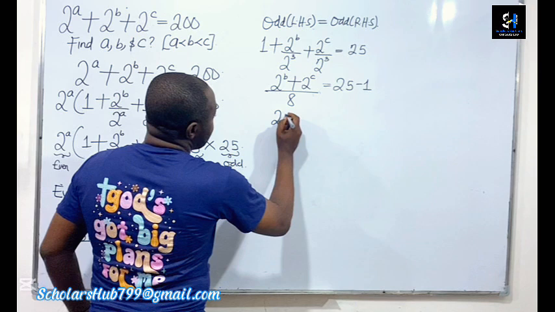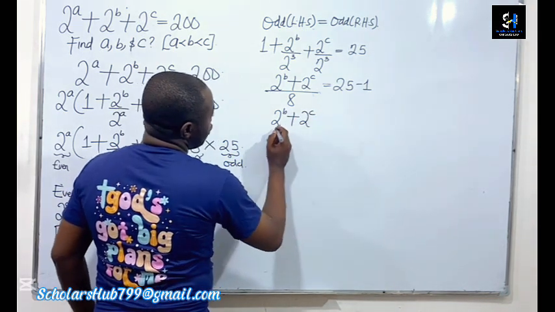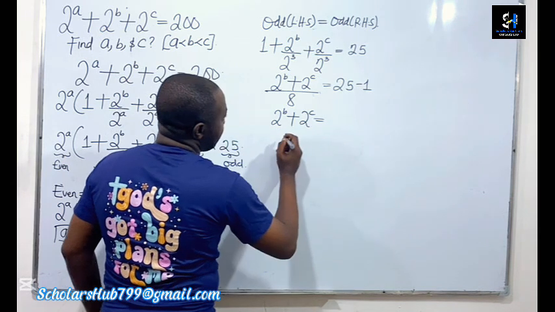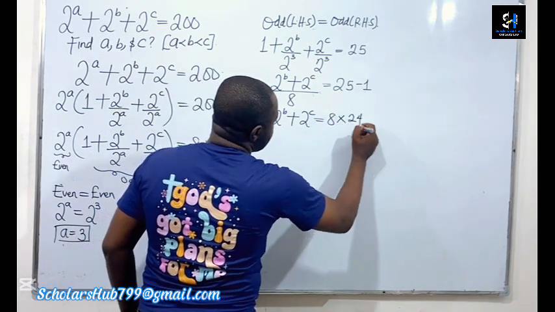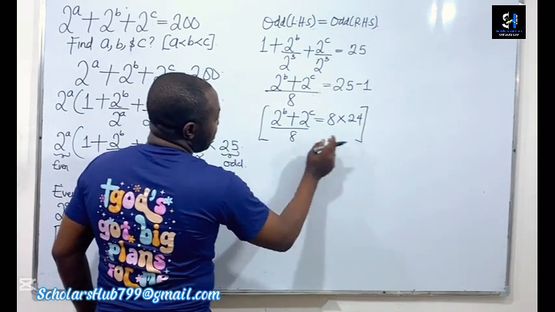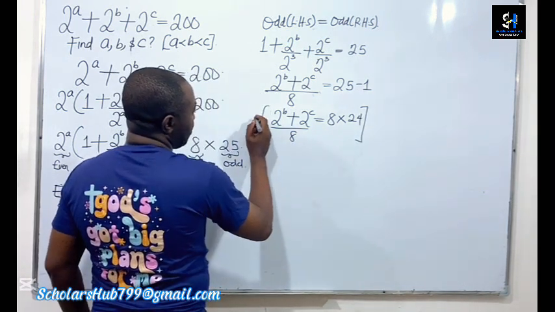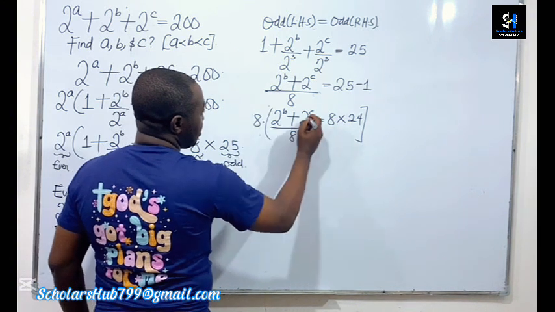Okay, so the left hand side will be 2 raised to the power of B plus 2 raised to the power of C. Let me multiply, okay, this will be 8 multiplied by 24. Of course, that is multiplying both sides by 8.